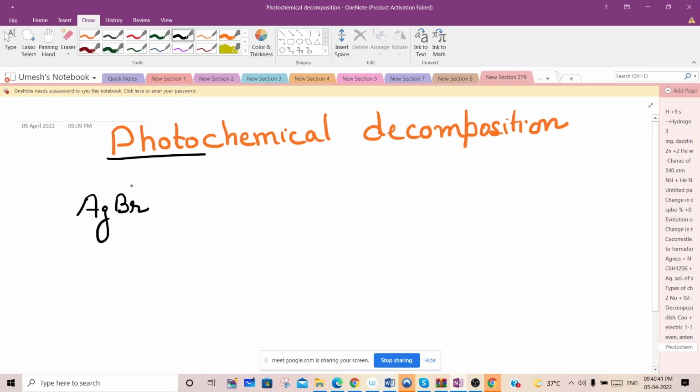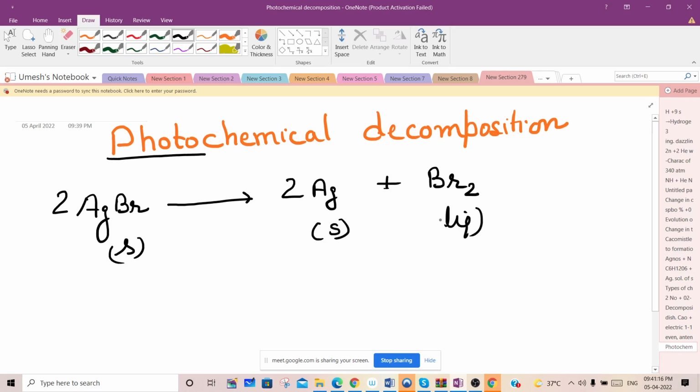So can you repeat? Write down. When a chemical compound decomposes on absorbing light energy is called photochemical decomposition. Am I clear? Yes, sir. Right.